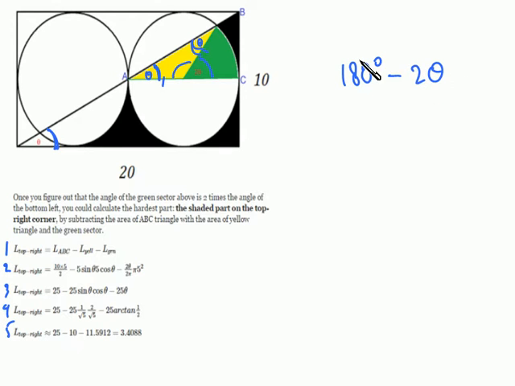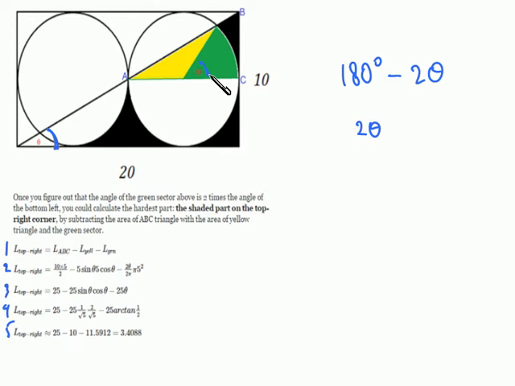Since the angle of a line must be 180 degrees too, these angles must be 2 times theta, so the sum of this angle and this angle is 180 degrees. So that's the reasoning why this angle is 2 times theta.